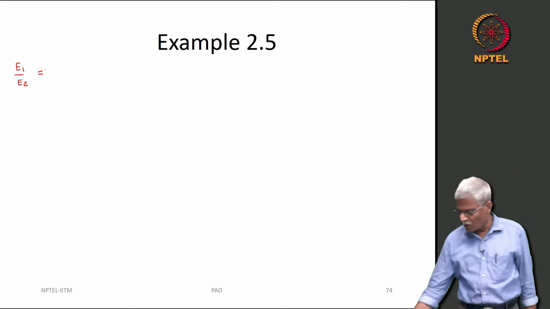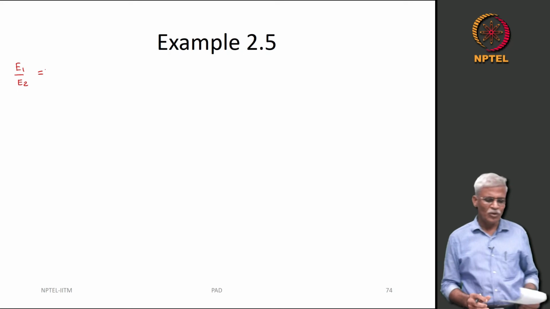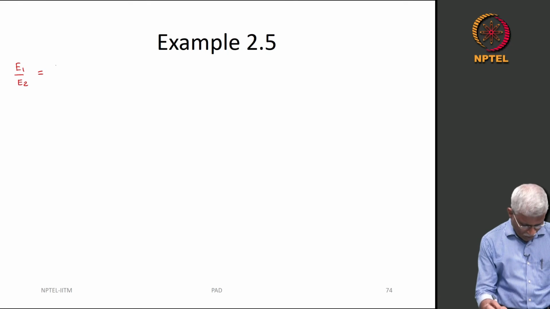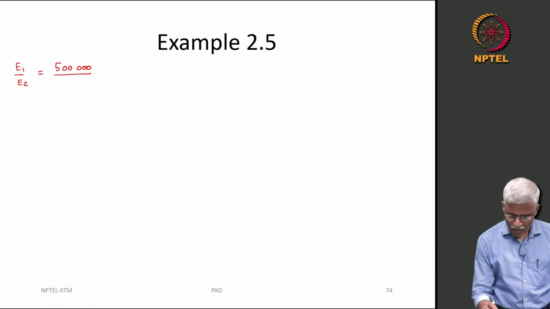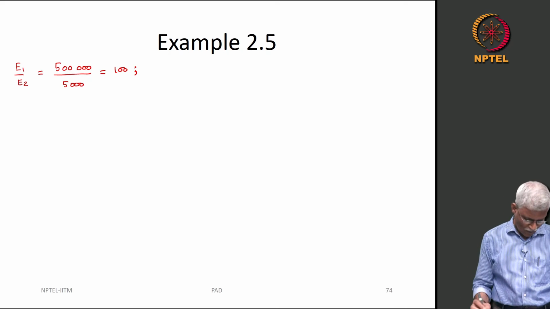Now, what is E1 by E2? Let us do it for the first case. The E1 by E2 is going to be 500,000 divided by 5,000, and that gives you 100. Okay.